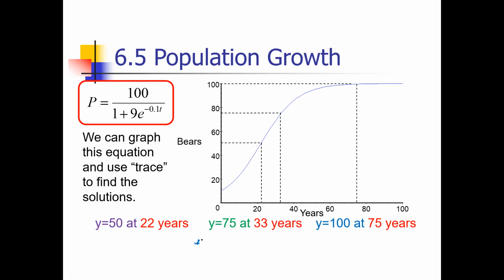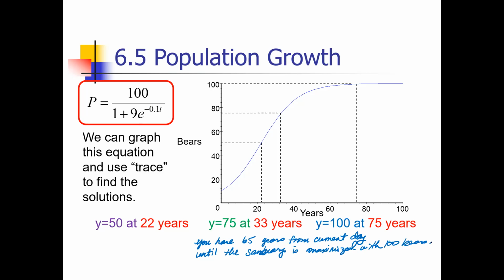So you have 65 years from current day until the sanctuary is maximized with 100 grizzly bears. Okay, so that's something that you can write down and say.